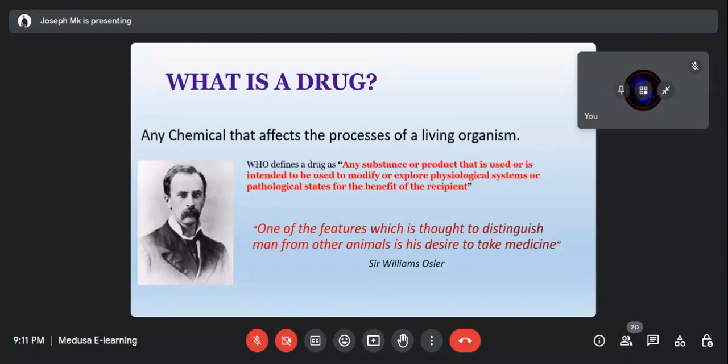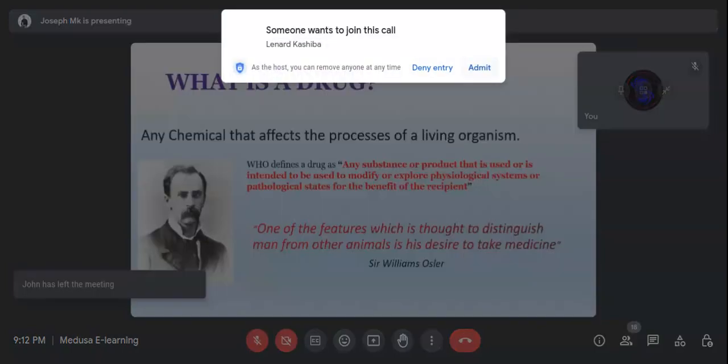Like in the case of this same example I gave, paracetamol, at the clinic they tell you to take one in the morning, take two in the afternoon, or let's say take two in the morning, take two also in the afternoon and in the evening. Then you see that no, I'm not getting better as fast as I want to. And then you decide yourself that no, I'm going to take maybe 10 paracetamol in the morning, and again I'm going to take another 10 in the afternoon.